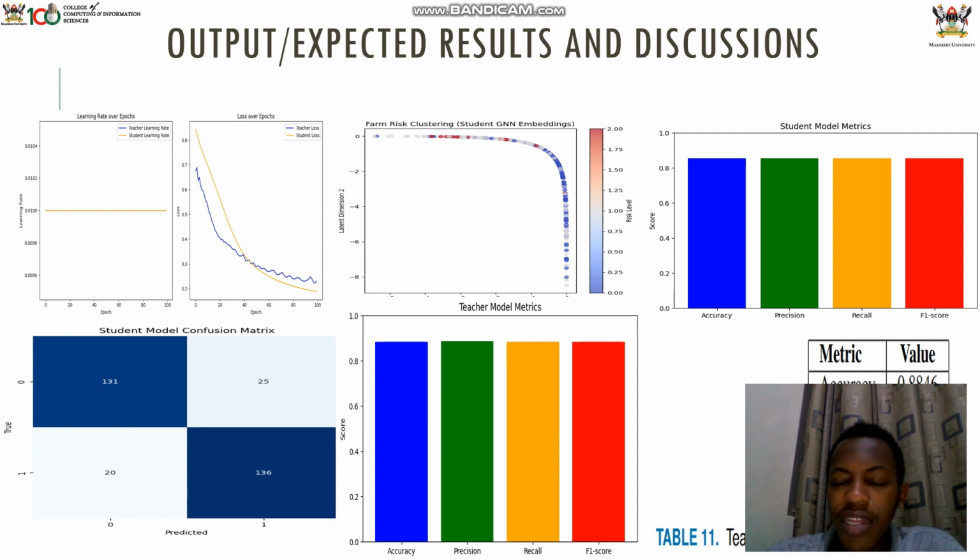We can see clearly that the model is performing well, with the teacher model's accuracy close to 88.46, the precision the same, the recall 88.46, and the F1 score 88.45, and the student model performing slightly lower but with still much better accuracy, precision, recall, and F1 score.